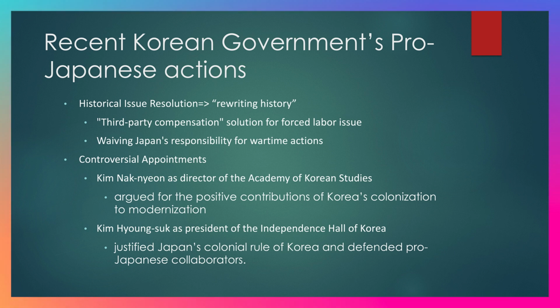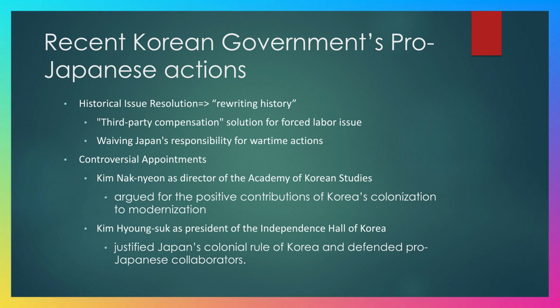So this government, instead of asking the Japanese government to compensate those people who were forced to work in, for example, a Japanese mine, just said that a Korean third party should compensate them, right? So it's a kind of giving forgiveness to the Japanese government, right?